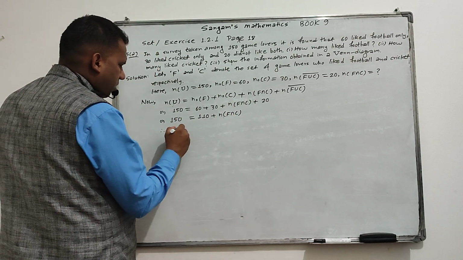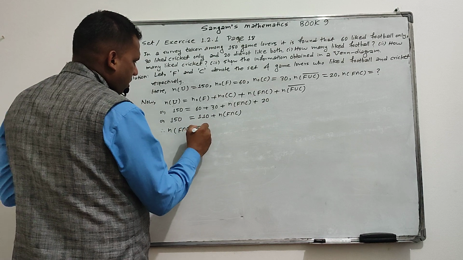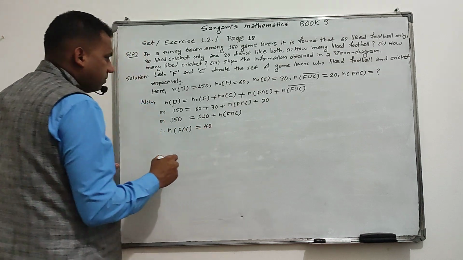Therefore, n(F intersection C) equal to 40.